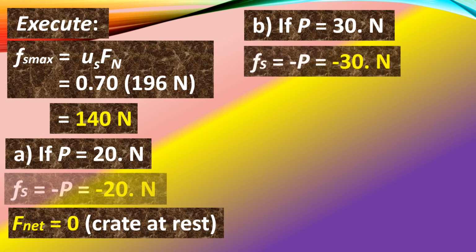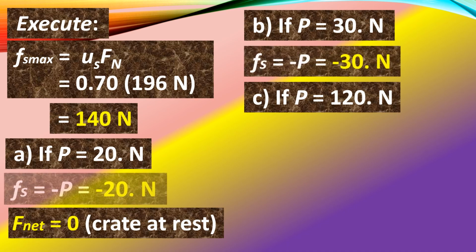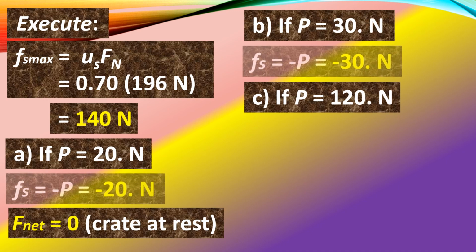Moving on to case letter C, where the applied force P is increased to 120 newtons. Still, the applied force P is below the maximum static friction.